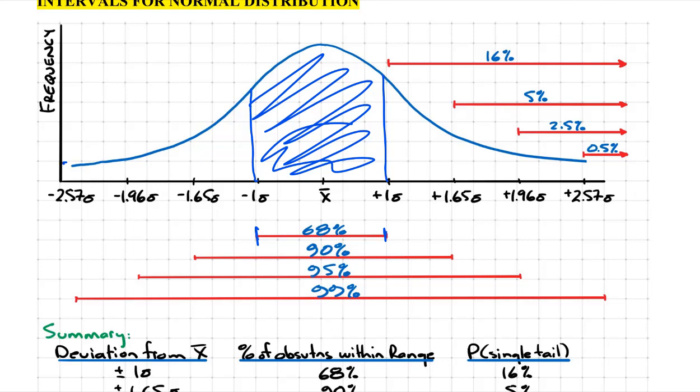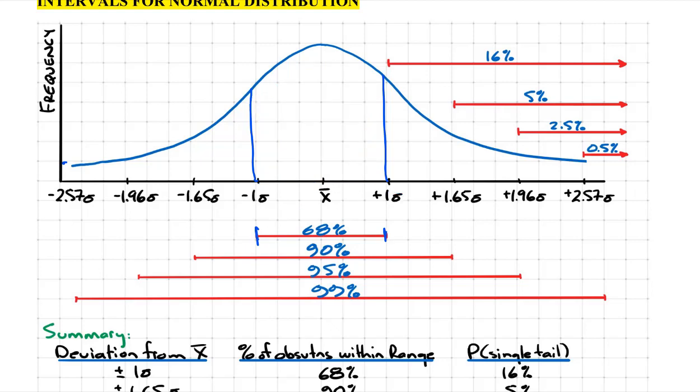But if you just deviate plus or minus 1 standard deviation, that would represent just 68% of all observations. If 68% falls within this range, and we know the distribution is symmetric, we can then work backwards and calculate the probability of each tail.